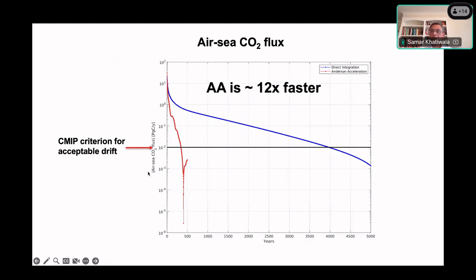We don't want any drift. We don't want any net CO2 coming in or out of the ocean in equilibrium. That's the basic idea. Relative to direct time integration, the blue line here, the Anderson solution converges much more quickly, about 12 times faster in this particular case. So that's quite a significant speed up.